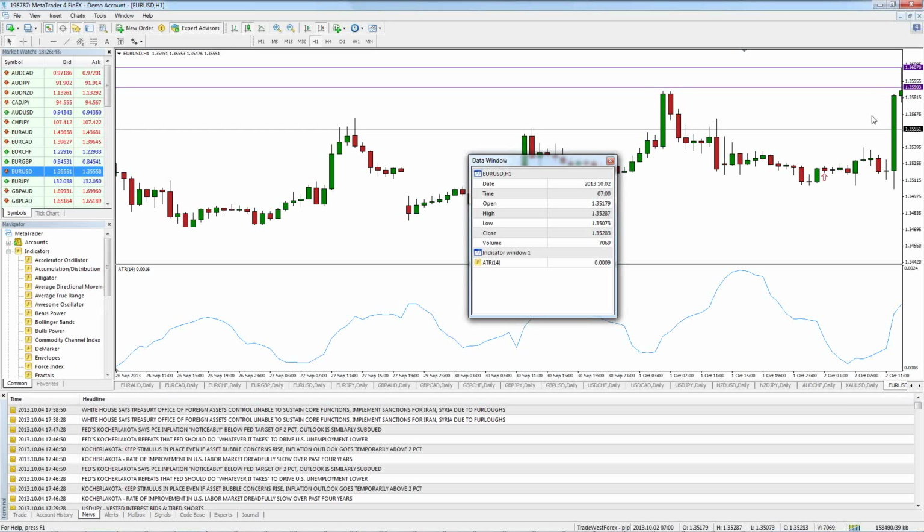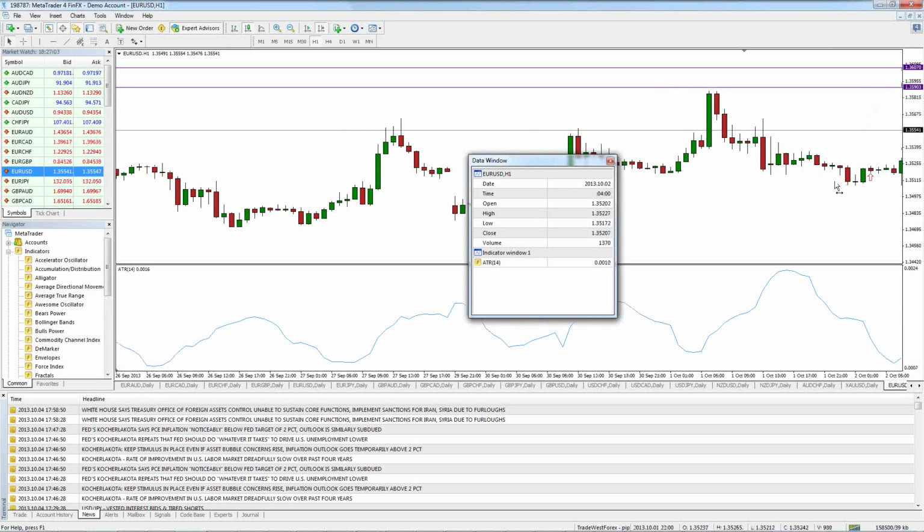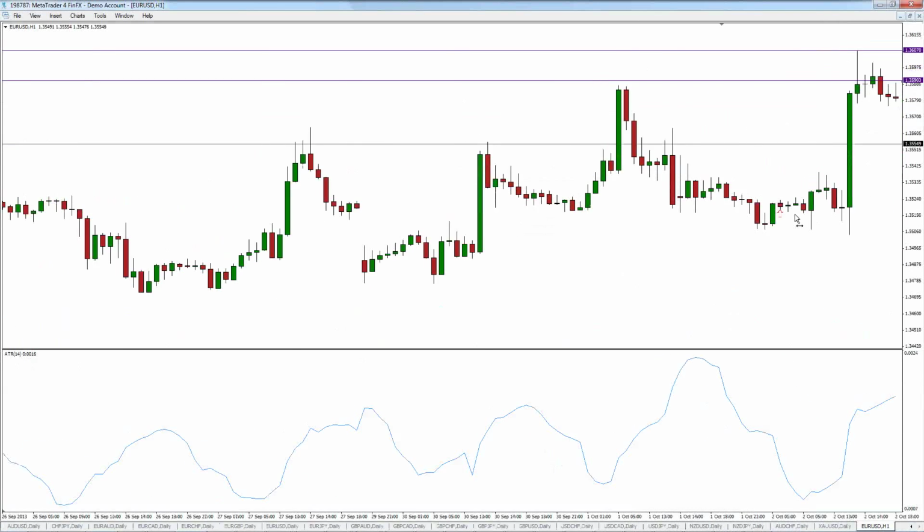So you see 3 ATRs in this case. If you're waiting it out and holding out for a bigger move, 3 ATRs would have been best. You would have been able to capture a 71 pip profit with the 3 ATR method. But like I say, some of you would have been fine right here.